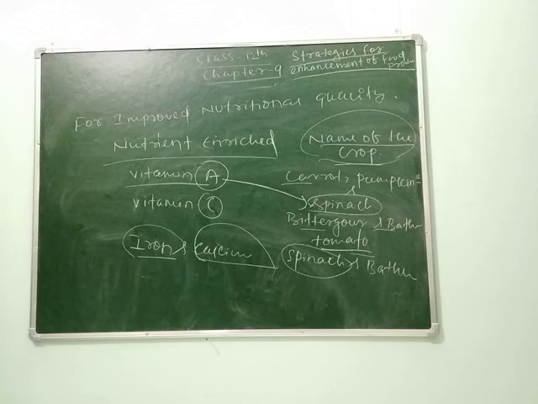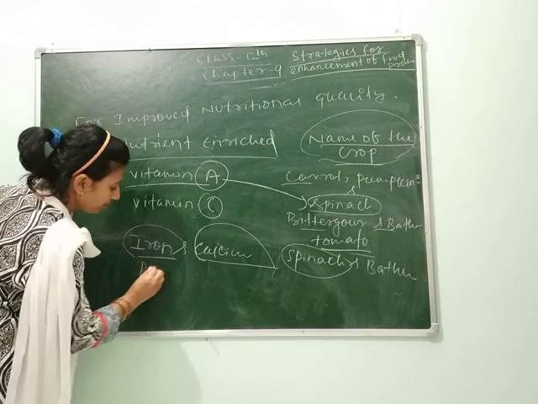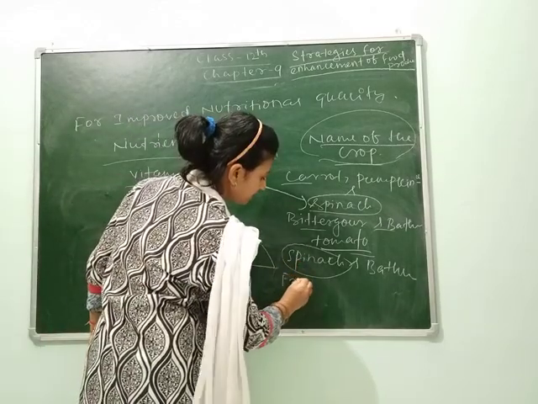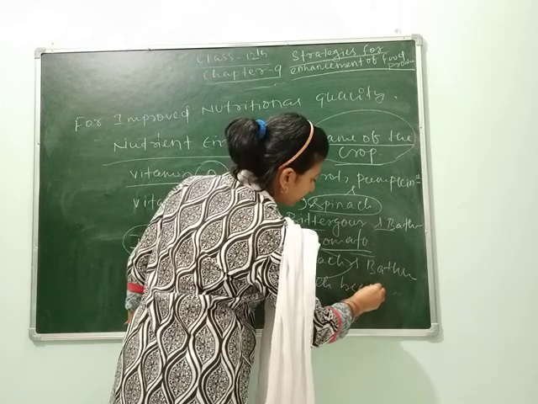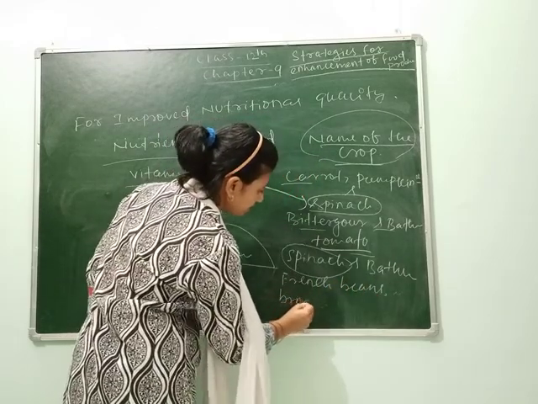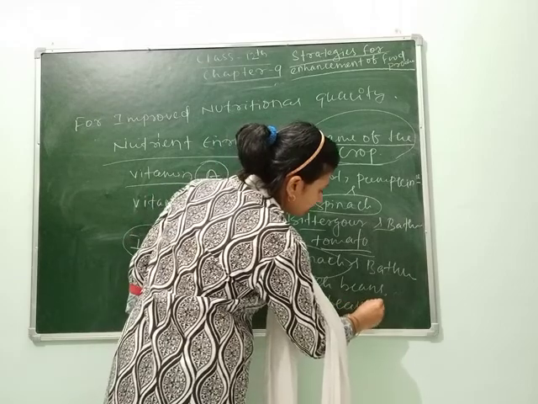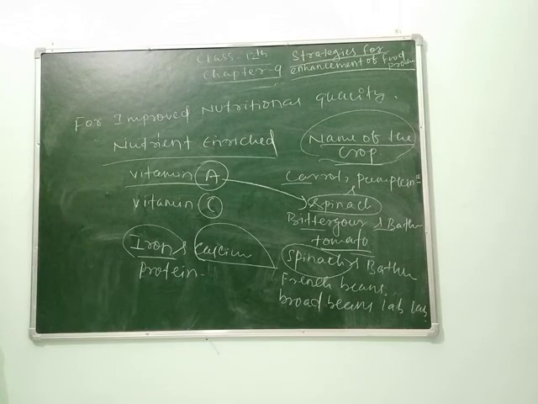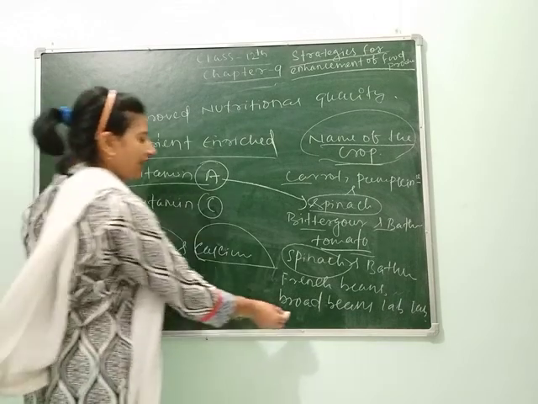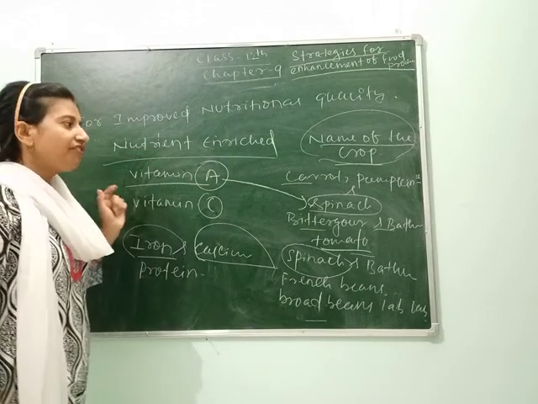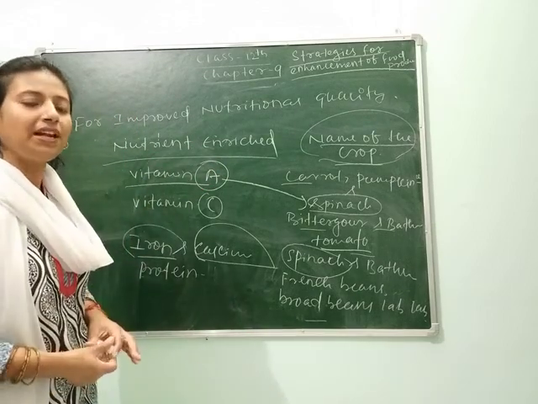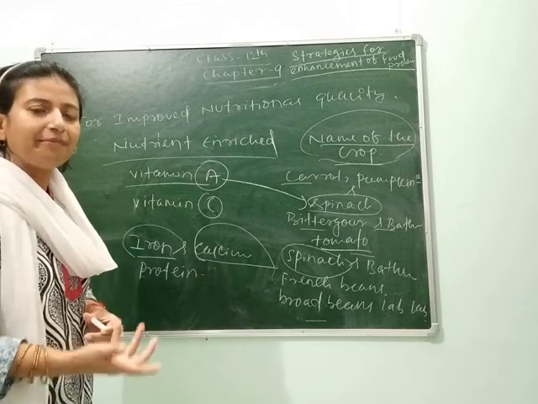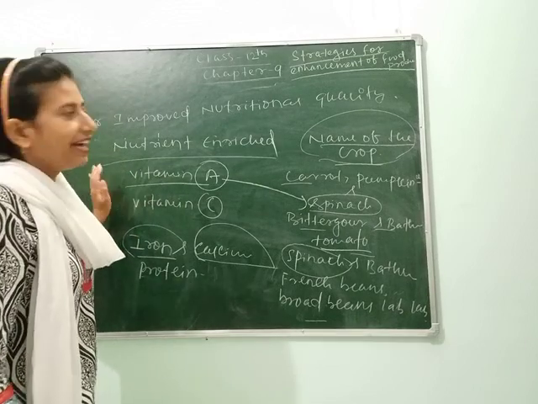Again, protein enriched: the crop is French beans, broad beans, which is called your labla, flat beans, etc. So these are the biofortified crops which are nowadays developed to prevent people from macro and micronutrient deficiencies and also from hidden hunger.